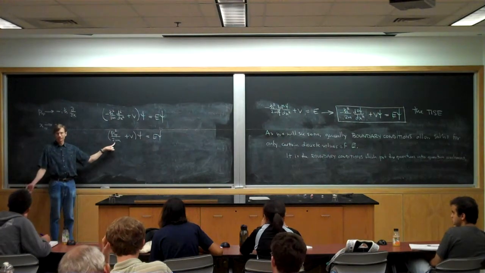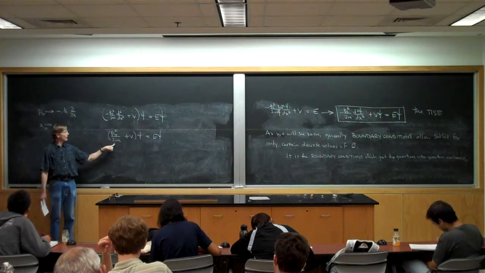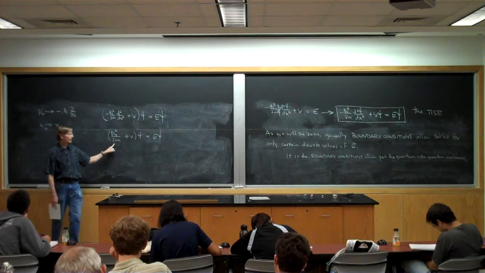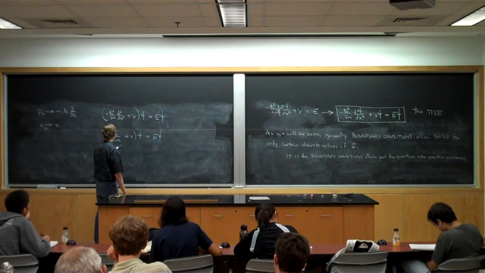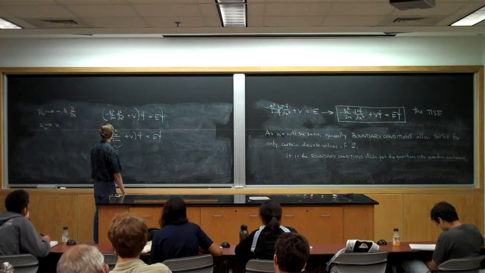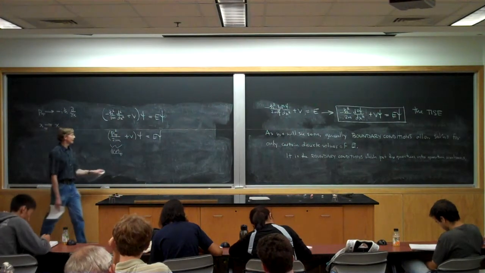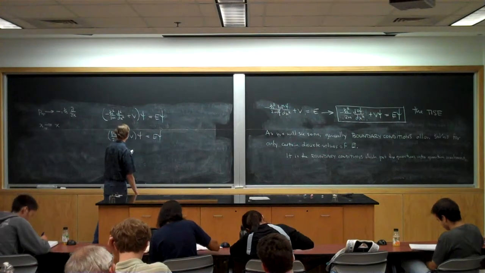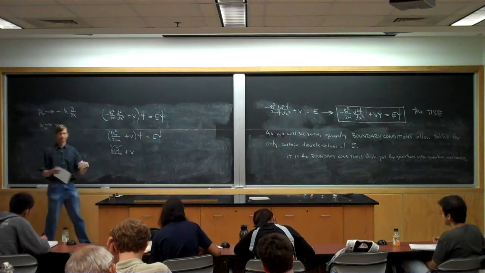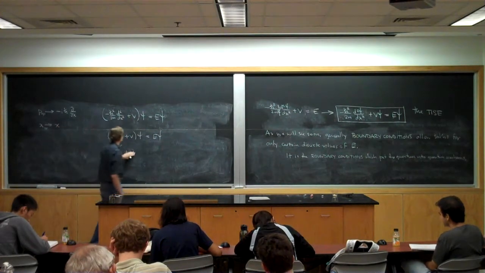And in fact, by definition, it is. This is the kinetic energy operator, P op squared over 2m. And V itself is just the potential energy operator.